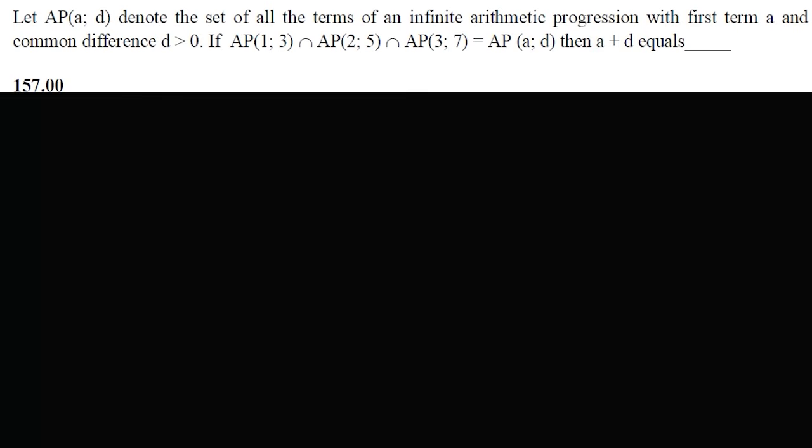Now let us take another example, and this question was asked in JEE Advanced 2019. We are given 3 APs. We have this first AP whose first term is 1 and common difference 3. Then we have this second AP whose first term is 2, common difference 5, and then we are given this third AP whose first term is 3 and common difference is 7.